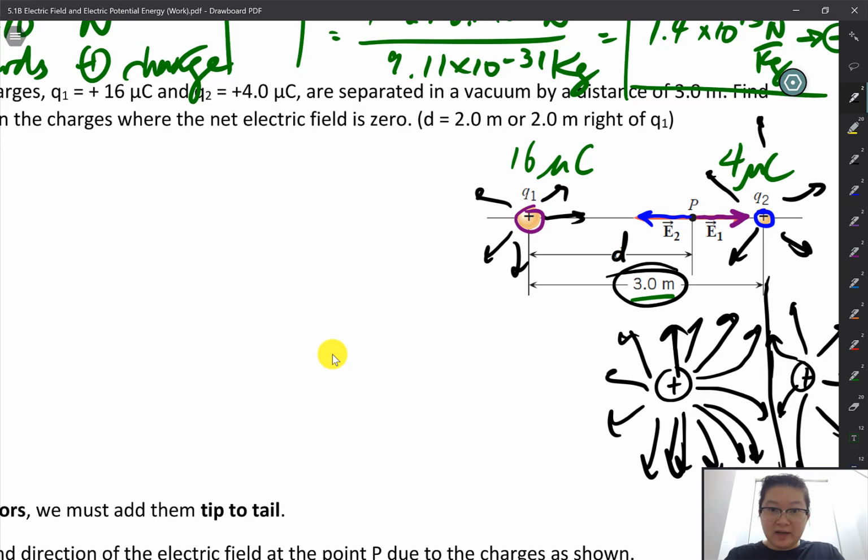Notice it's labeled there in the question, which means that the remaining distance from P to Q2 is going to be 3 meters minus D. So it's the whole thing minus D that gives us the remaining portion.